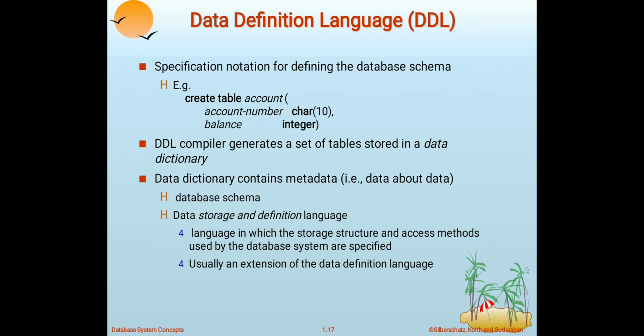Here, data definition language, we already know in session 1, that data is a collection of information, and define or definition means we very clearly tell the one line statement of the information.